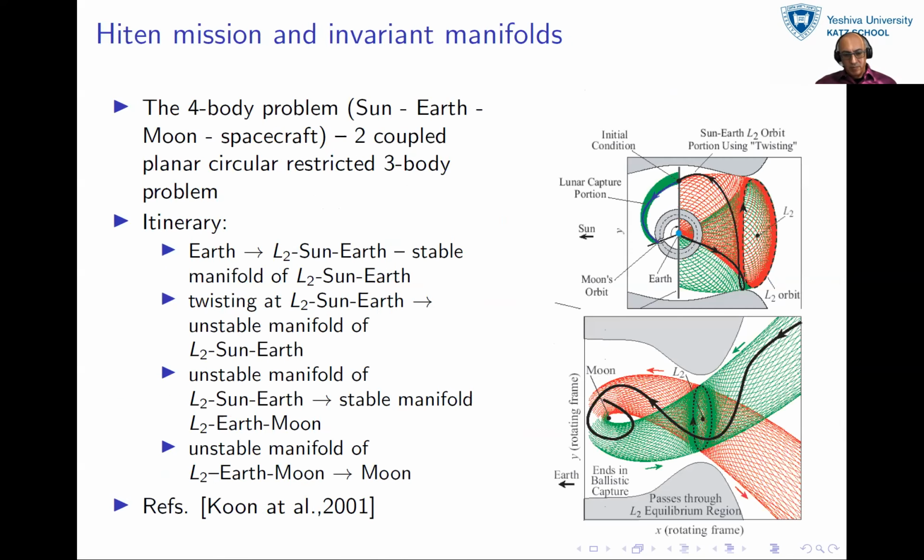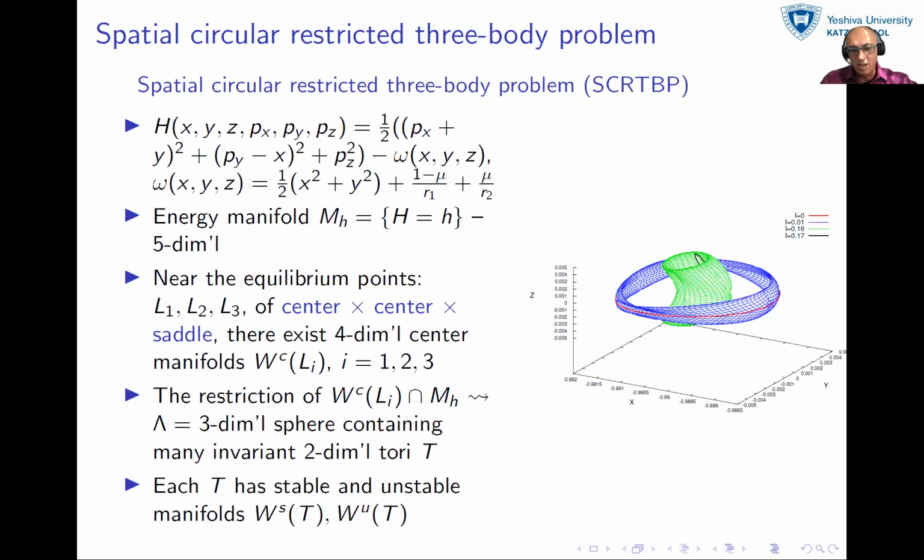So now I think I have only 5 minutes, so I think I explained to some extent these invariant manifolds, the stable and unstable manifolds here. And now I'll go a little bit faster, I'm not going to go into the details.